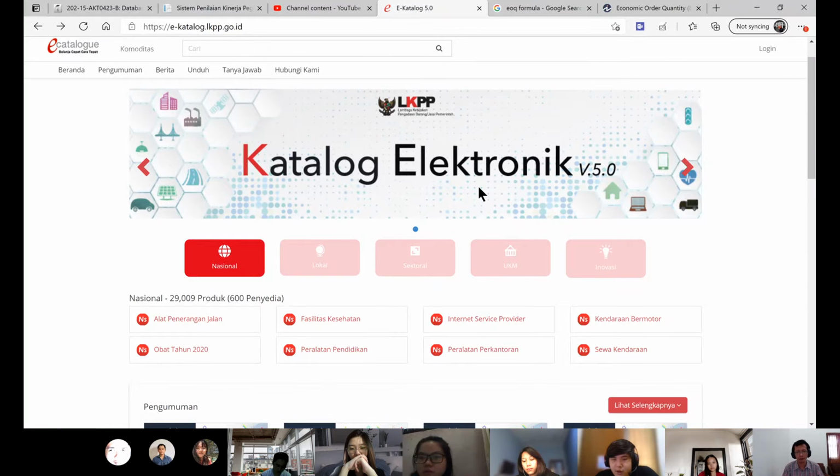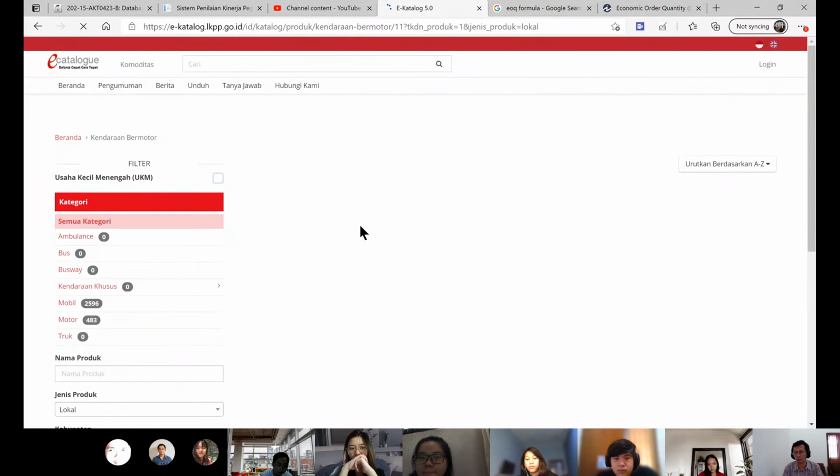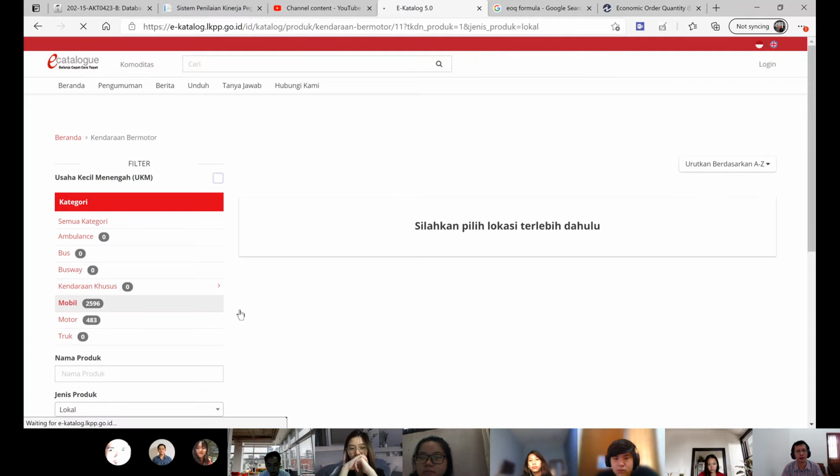So if, for example, the city of Yogyakarta wants to buy a car, they just go to this. Okay, you are lucky because it's alive. Last week when I tried to show this to another class, it had an error. So for example, car.